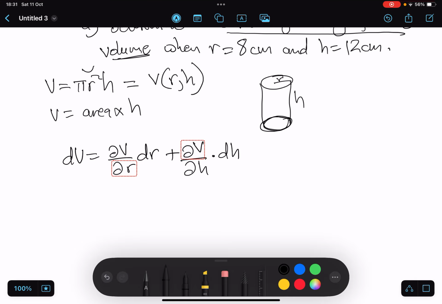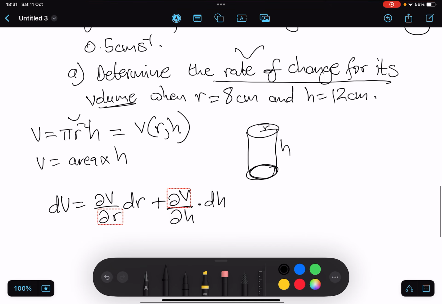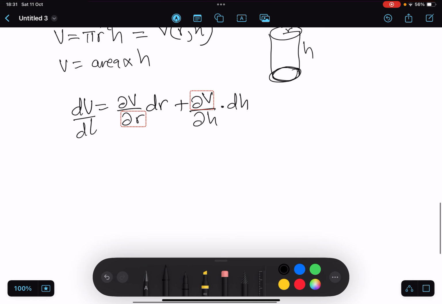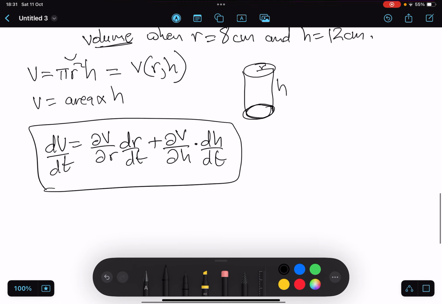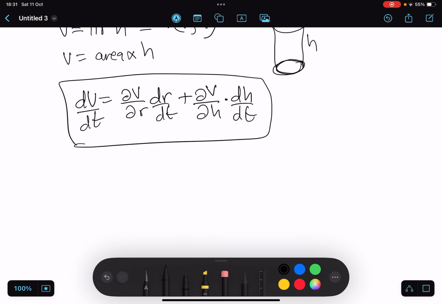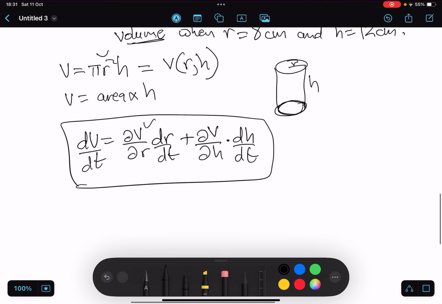Then since we are finding the rate, this is dt, this is going to be dt, this is going to be dt. So we are still using the concept of the rate of small changes. So what do we have to do? We need to find del V del R and also del V del H, isn't it?